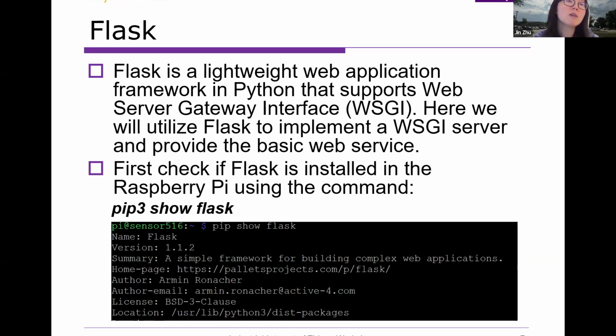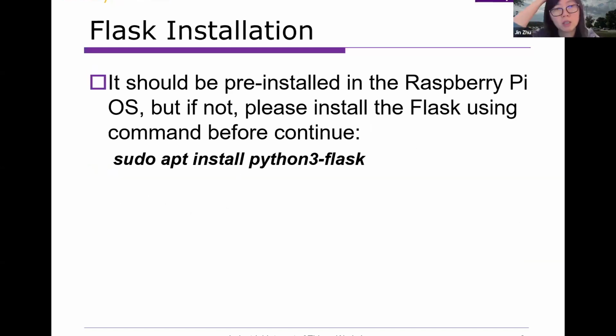First, you want to install the library for Flask. You probably want to check if it's already installed, as shown over here. If it's not, then you just install python3-flask, which is pretty straightforward.